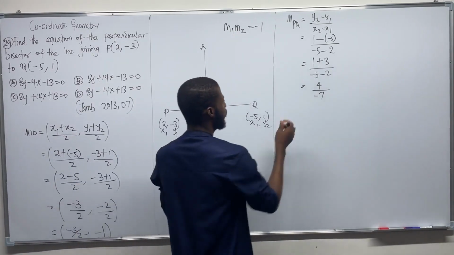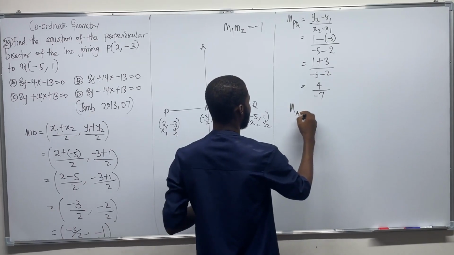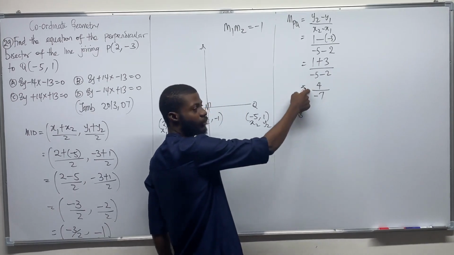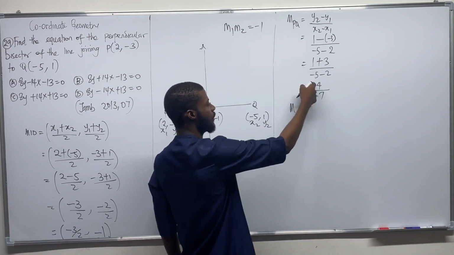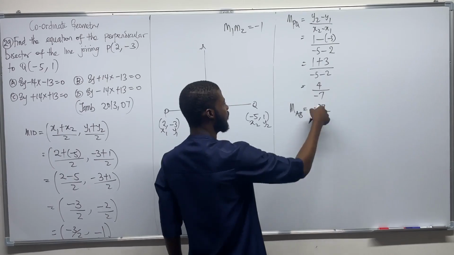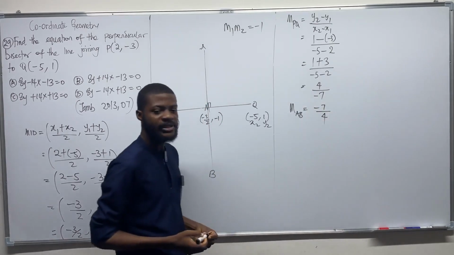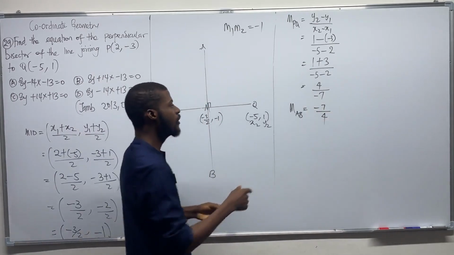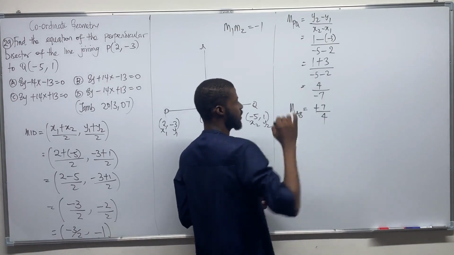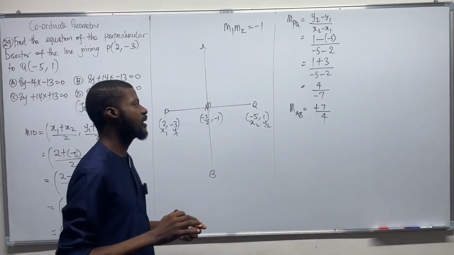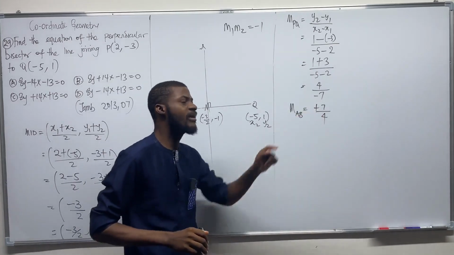Remember that the second gradient, which is the gradient of AB, is the negative reciprocal of this very guy. So let us reciprocate this. The 7 goes up, so this is minus 7. The 4 comes down, so that's 4. But they say it is the negative reciprocal. So since there's already a minus here, this becomes plus, because minus times minus is plus. So the gradient of AB is 7 over 4.